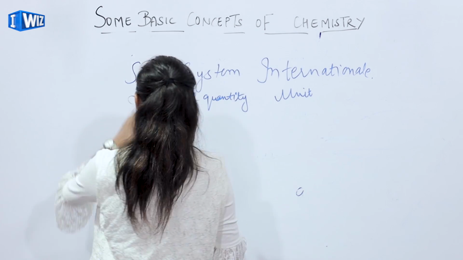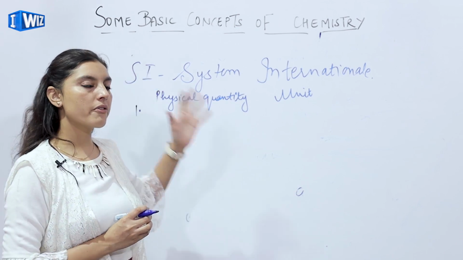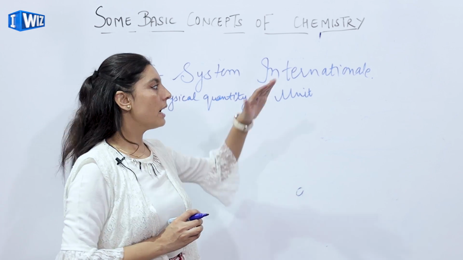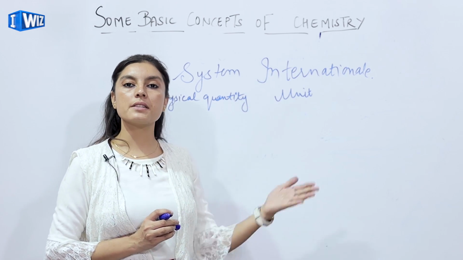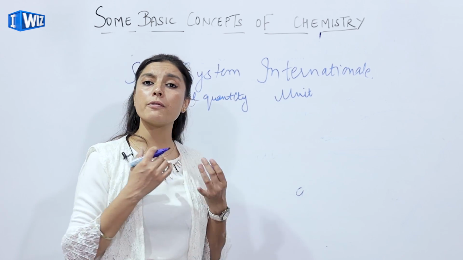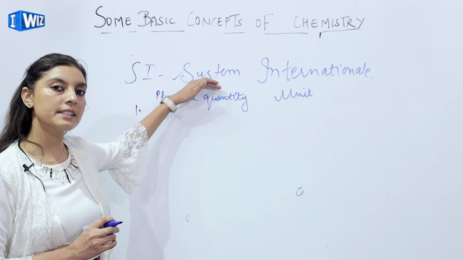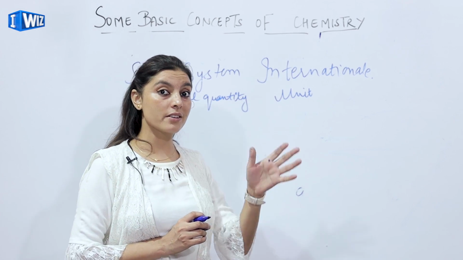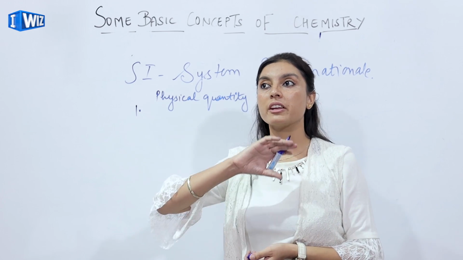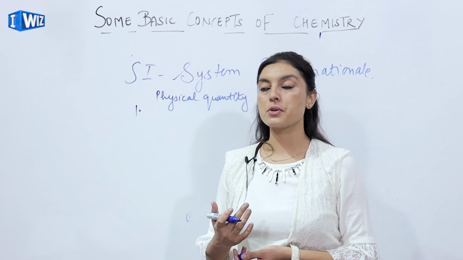Let me tell you one more thing: the SI system is adopted for every kind of physical quantity, and it is the basis of any kind of measurement, either in physics, chemistry or anywhere. So this system finds its uses in very wide applications of different measurements.